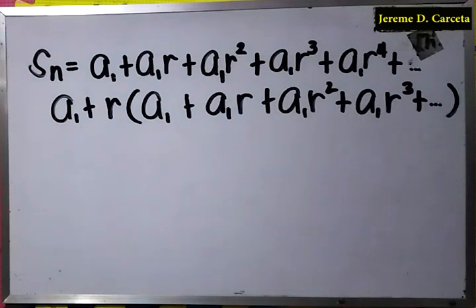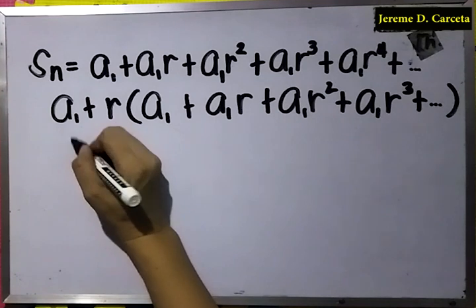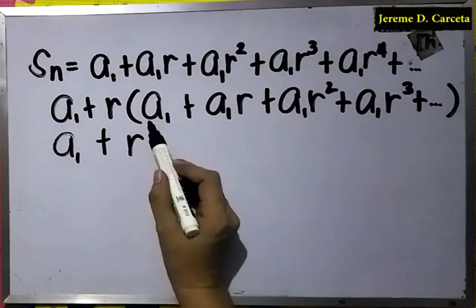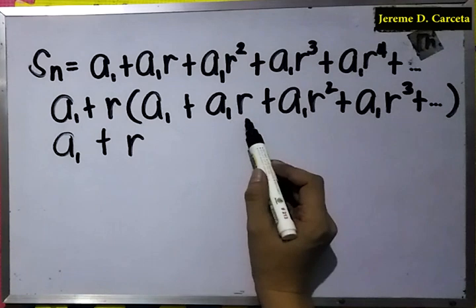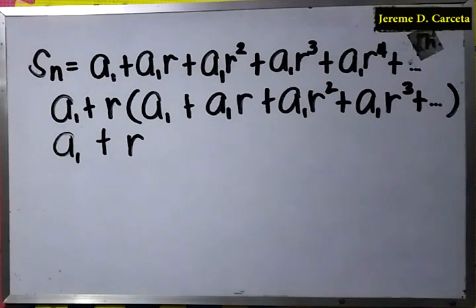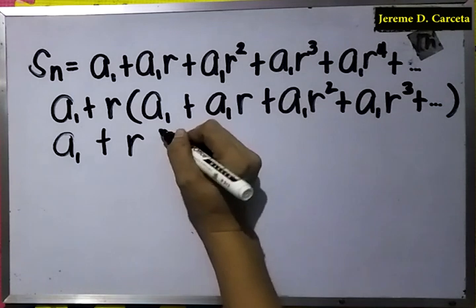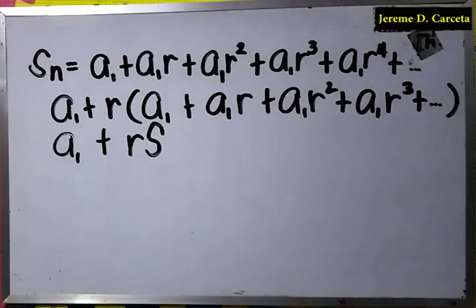So we can say that a sub 1 plus a sub 1 times r and so on is equal to our sum, so we can substitute S or S of n.